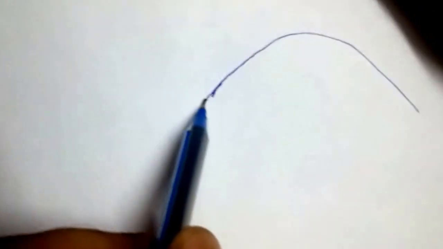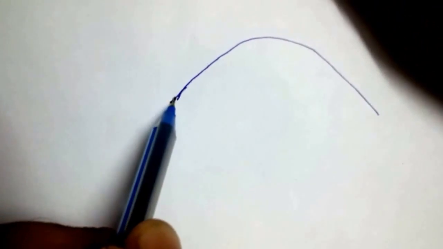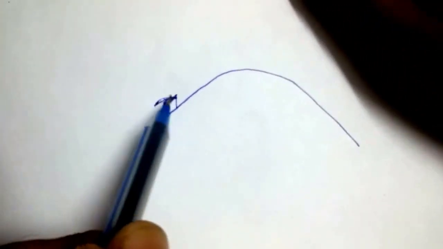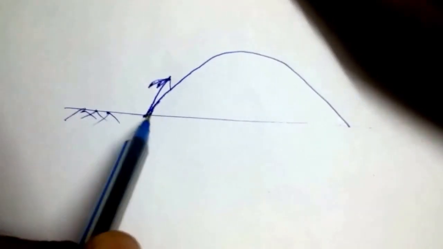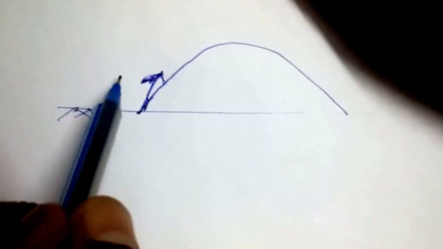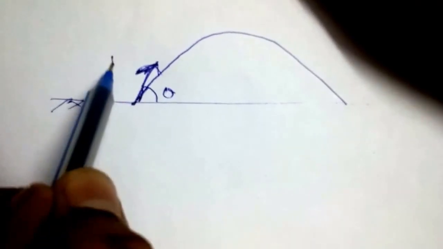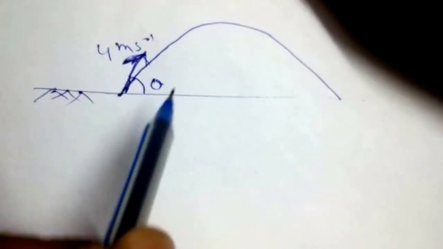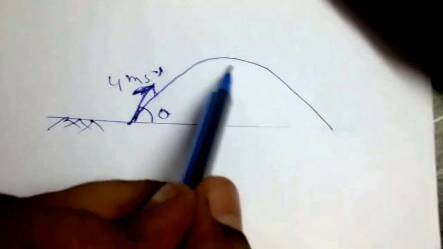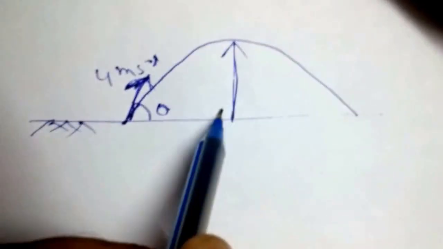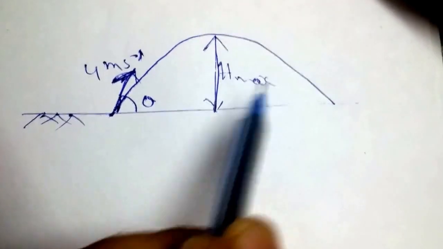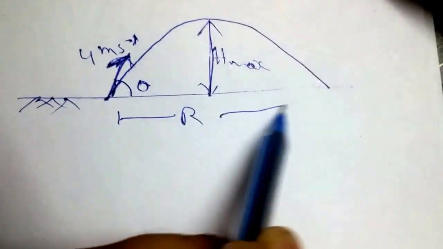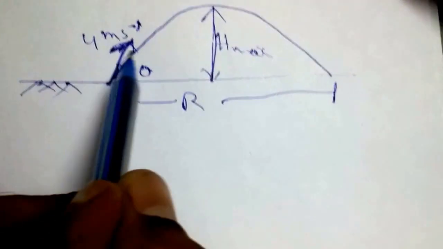Suppose I am throwing a ball or any object from ground level at an angle of theta with velocity u meter per second. Now I need to find its maximum distance covered in vertical direction, that is h max, its maximum distance covered in horizontal direction, and the time required for its projectile motion.